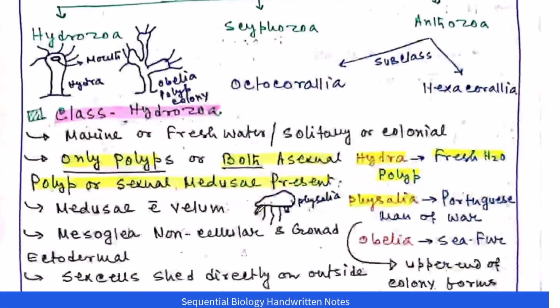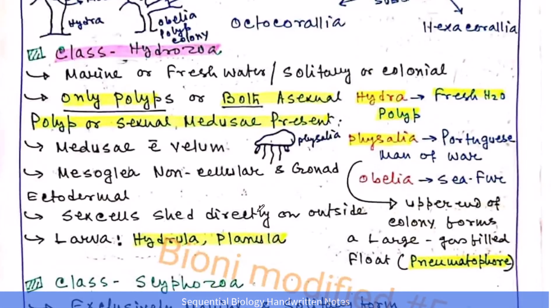First, we will see the characteristic features of class Hydrozoa. Class Hydrozoa may be marine or freshwater, and solitary or colonial. That means they may be present singly, or many different individuals are present in a specific region and perform a specific function. Then this is called a colony.